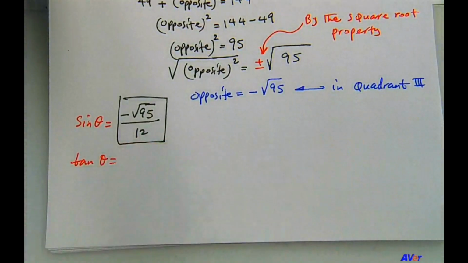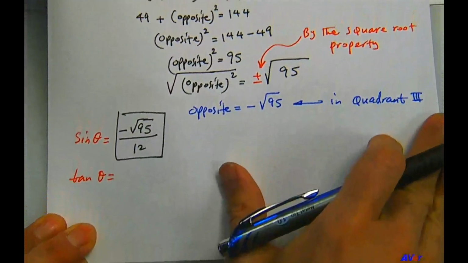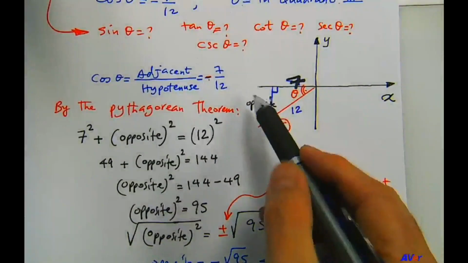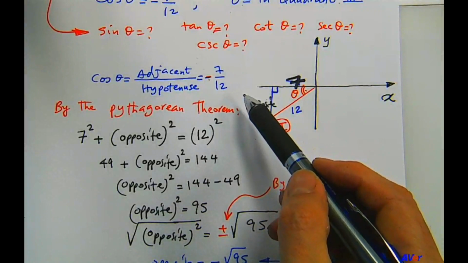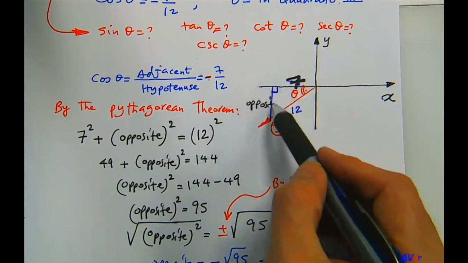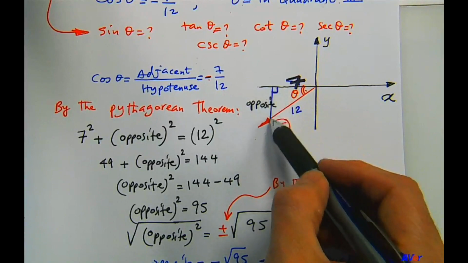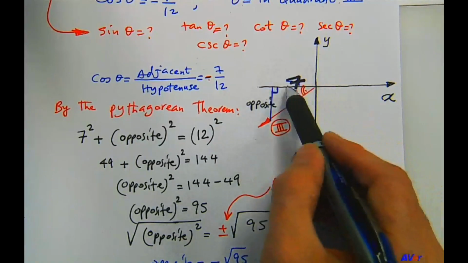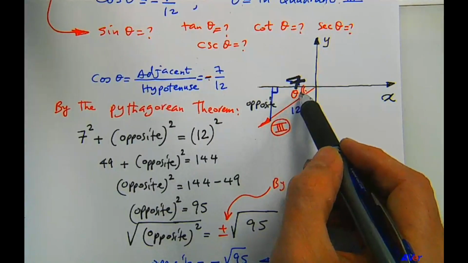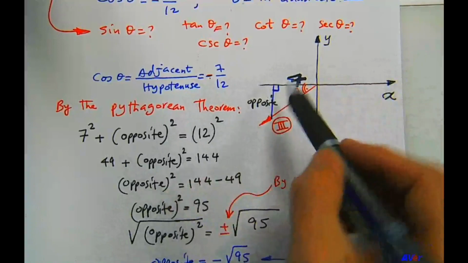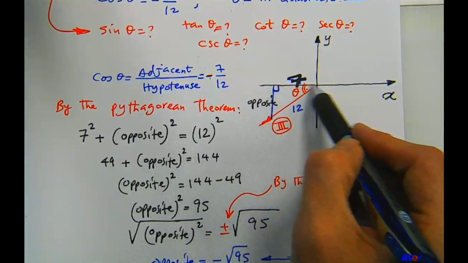Tangent of theta would be opposite divided by adjacent.